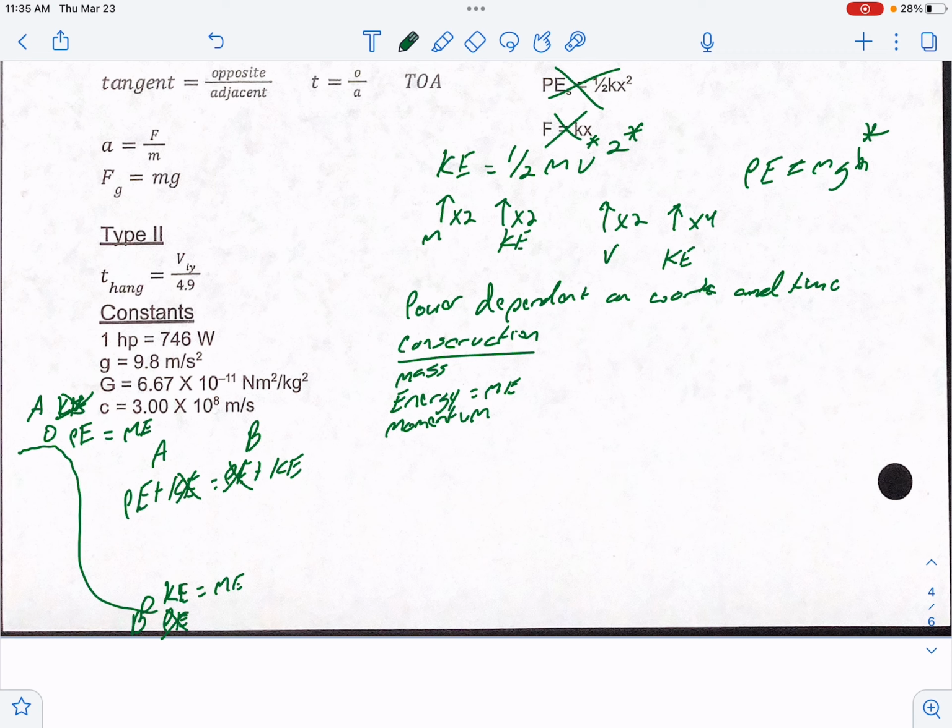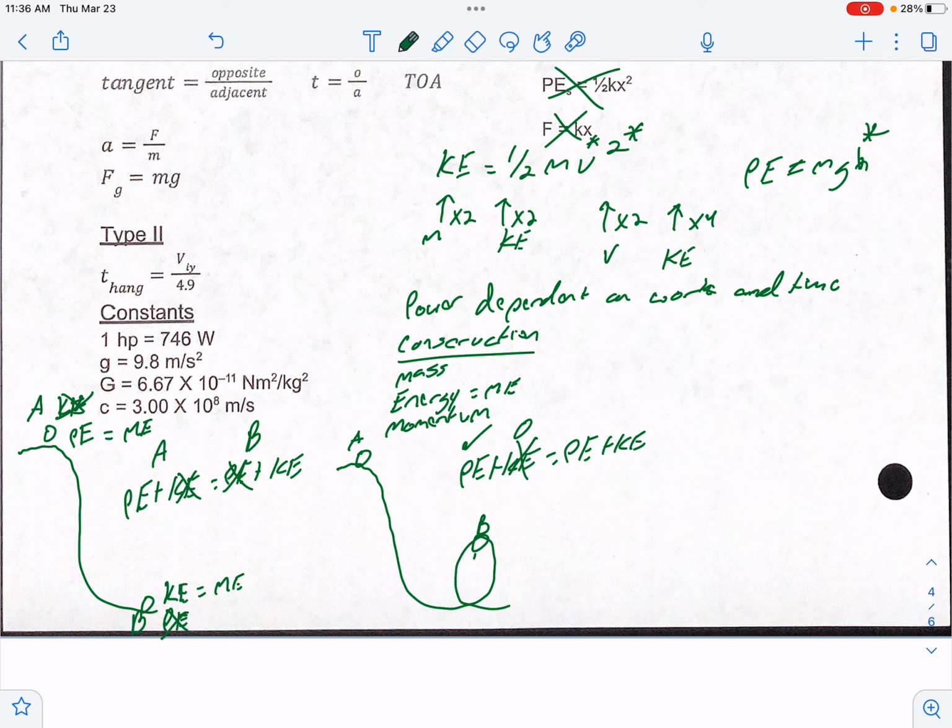An example where that is a possibility is, let's take the same roller coaster, but now let's add a loop. Here's point A, here's point B. I'm going to do the whole PE plus KE equals PE plus KE. At point A, I haven't started falling yet. I have potential energy, I do not have kinetic, so I get to mark that one out.